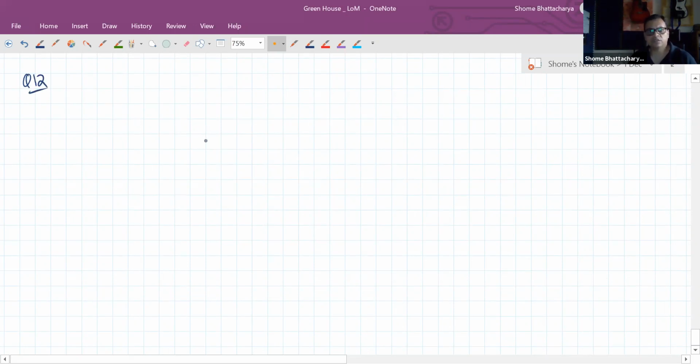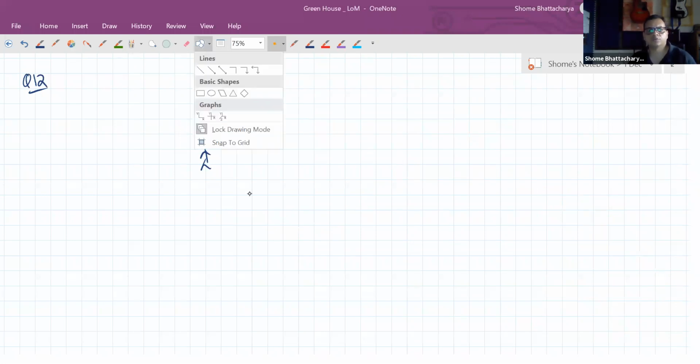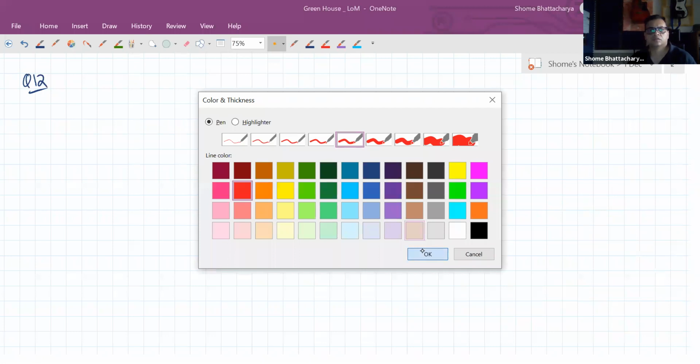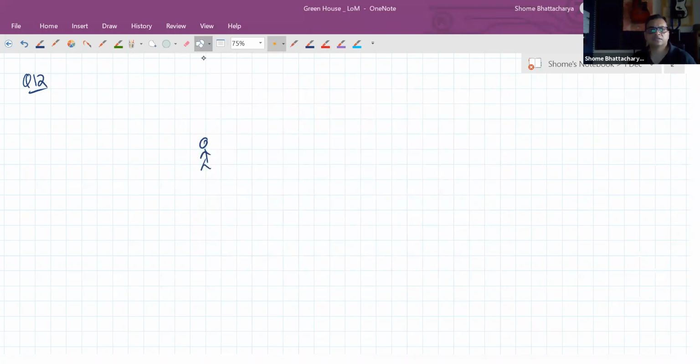So in question 12, what is happening is that the person who's inside the ditch, okay, I'll come to that also. Now he's tied by two ropes, which you can treat like massless threads. So they are like this.